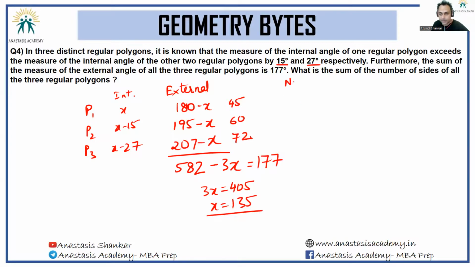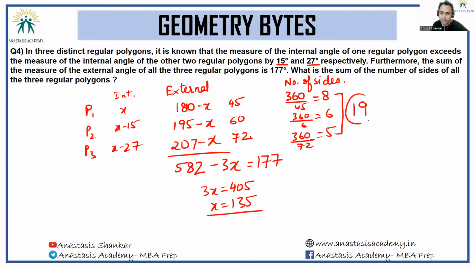So the number of sides can be identified as 360 by 45 equal to 8, 360 by 60 equal to 6, and 360 by 72 is equal to 5. So the final question, what is the sum of the number of sides of all the 3 regular polygons? This total adds up to 19, which will be the final answer.